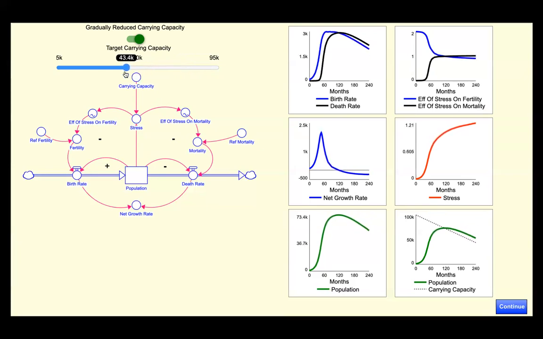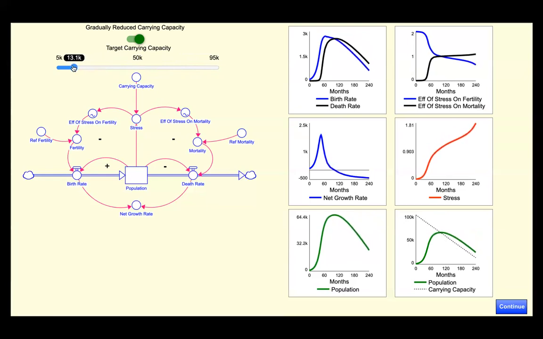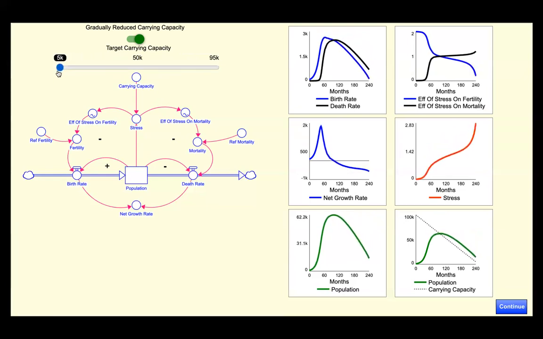Observe the resulting decline in the population level and compare that result with the reference mode presented initially. The model now successfully replicates the entire problem development, and the problem has been identified.